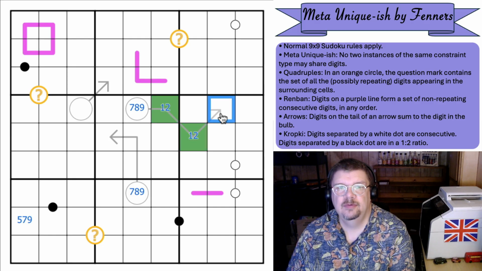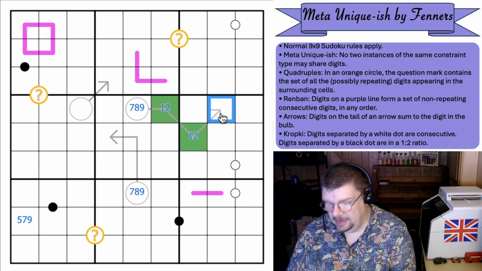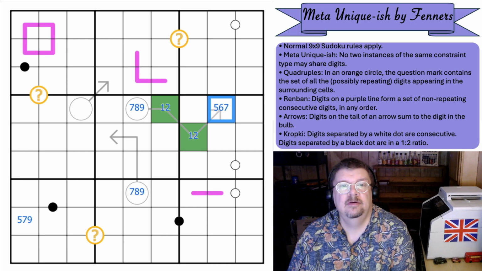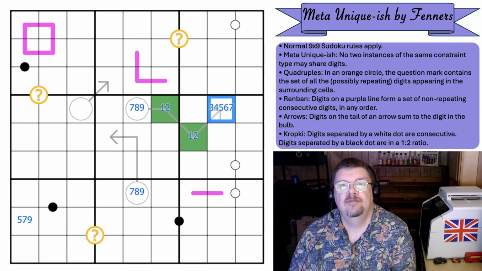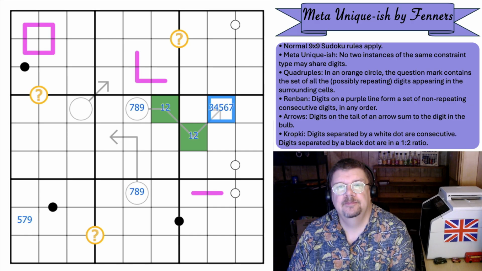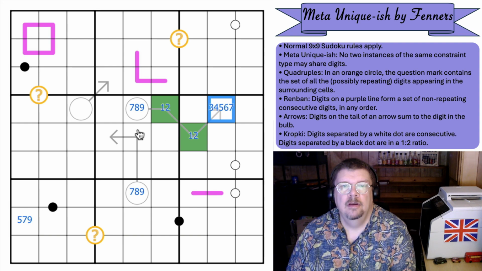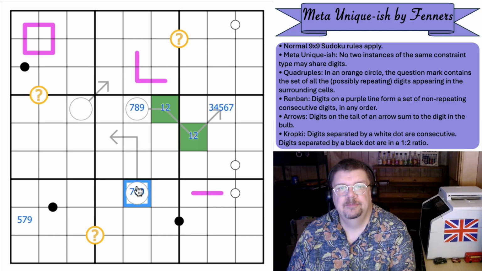So if it is 2, then I get 5, 6, or 7 to make 7, 8, 9. If it is 4, I can add 3 or 4 into that collection. Okay. All right. Now this can't be a 7.